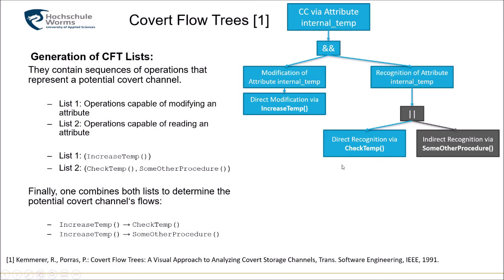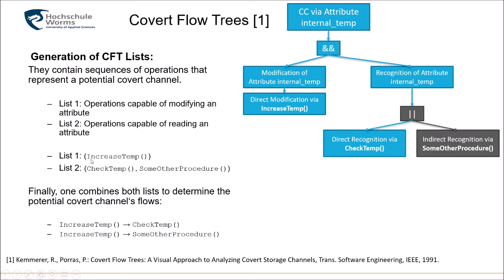The next thing here is we take the tree and build two lists. List 1 contains operations capable of modifying the attribute, which is increase temperature here. And list 2 contains operations capable of reading the attribute, which is check temperature and some other procedure. Finally, we combine the two lists' elements.